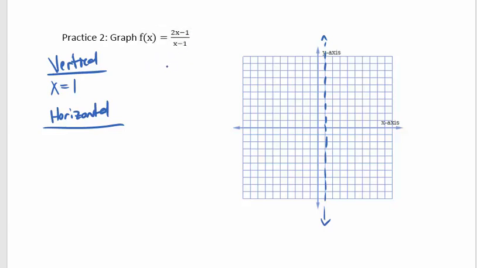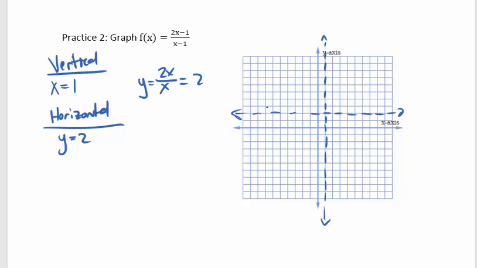So we're really just going to simplify this. 2x over x, which gives us a value of 2. And so that's going to be our horizontal asymptote. We're going to get a horizontal asymptote at y equals 2. So let's see, up 1, 2. All right, so we've got those two.